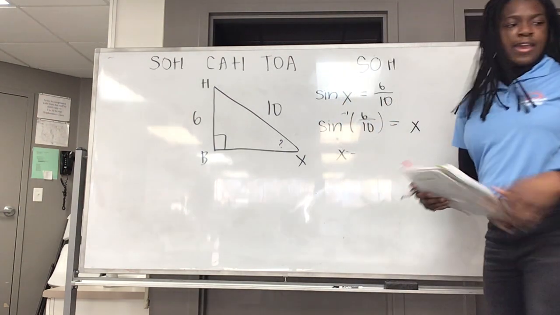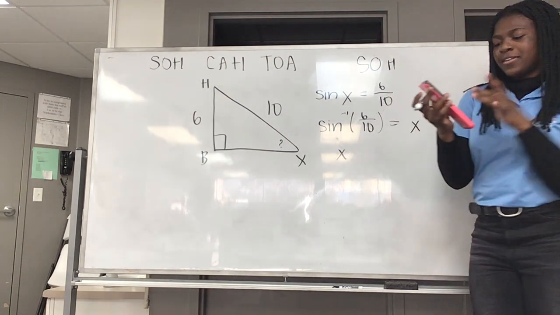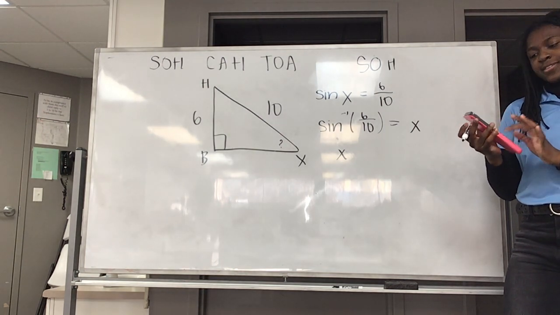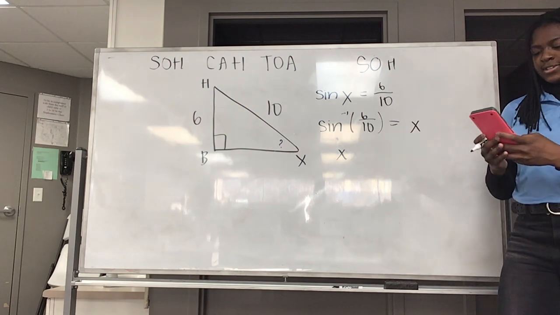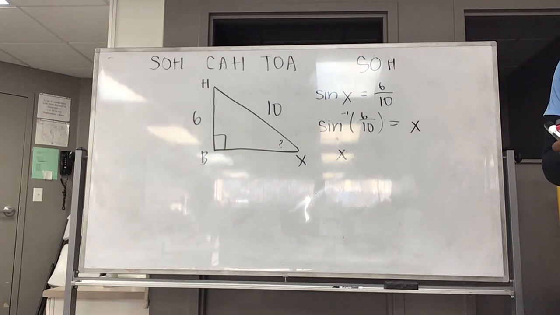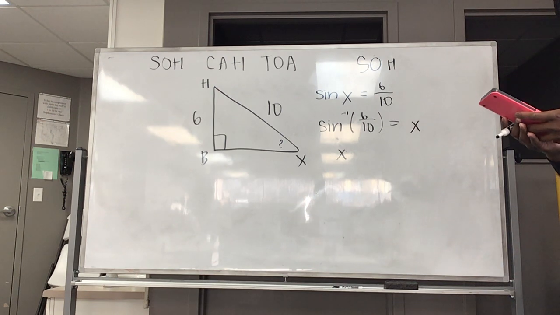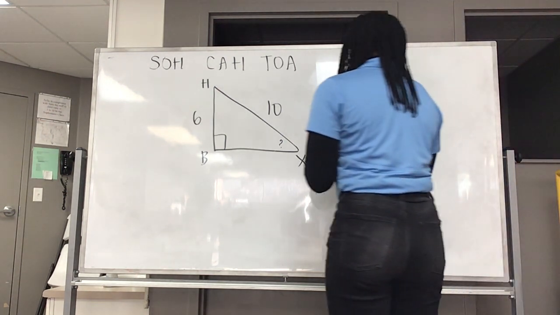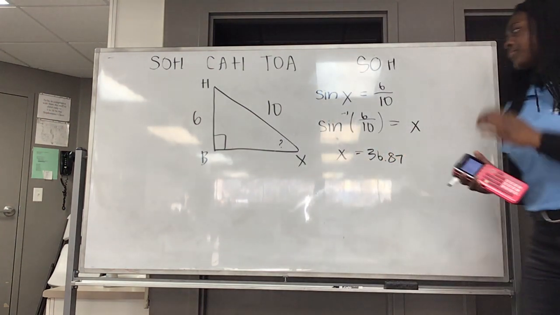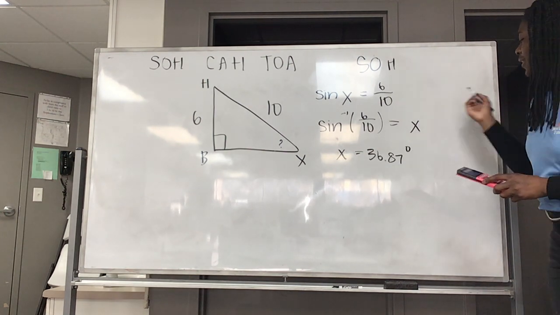So what happens in your calculator, if you look at the sine button, there's a different color above the sine button, so you have to press second sine, and then type in your fraction, which is 6/10, and you should get 36.87. And so our answer is actually the value of the angle, so we'll need to make sure to label it in degrees.